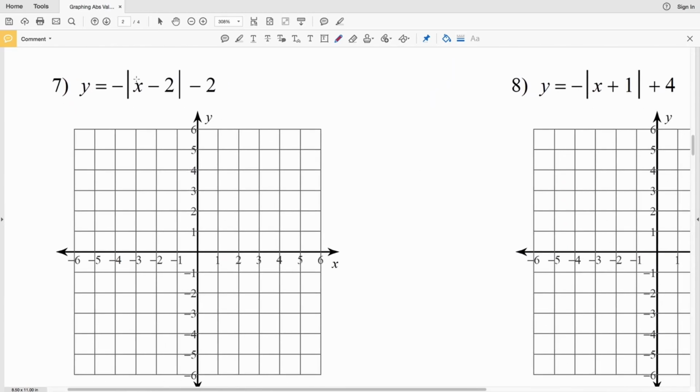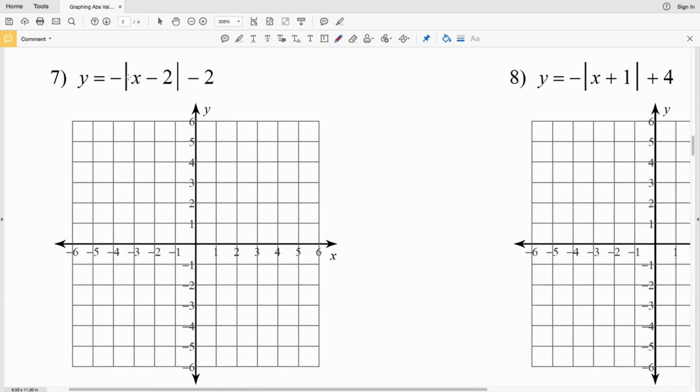In number 7, we have y equal to the opposite of the absolute value of x minus 2, minus 2. So again, we're still going to locate that turning point. When this absolute value function is 0, which occurs when x is a +2, since 2 minus 2 is 0, that y value is going to be what's left on the outside, which is -2.